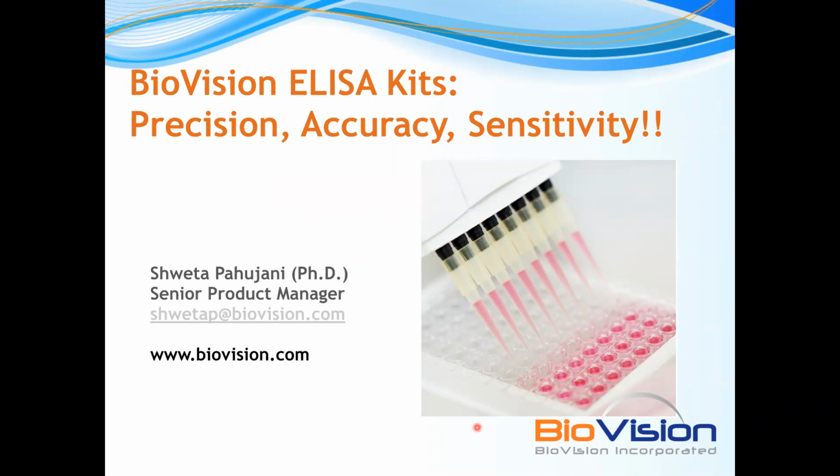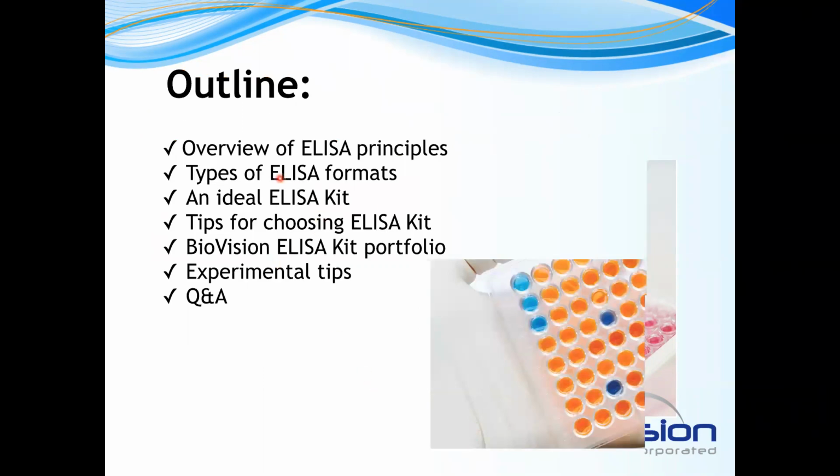So the content that I'm going to talk about is, first, the overview of ELISA principles. Then I will talk about the different types of ELISA formats available in the market. After that, I will talk about the characteristics of an ideal ELISA kit.